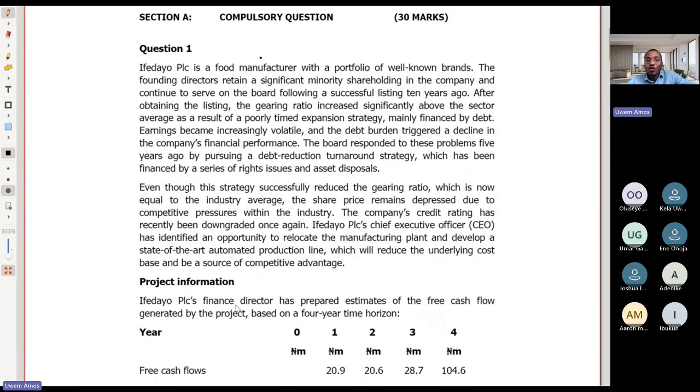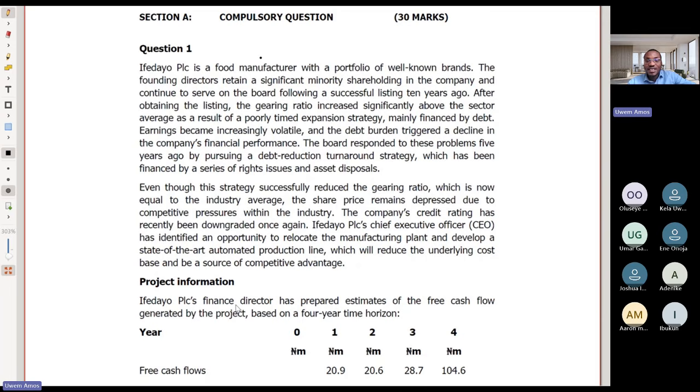Even though this strategy successfully reduced the gearing ratio, which is now equal to the industry average, the share price remains depressed due to competitive pressure within the industry. The company's credit rating has recently been downgraded once again.